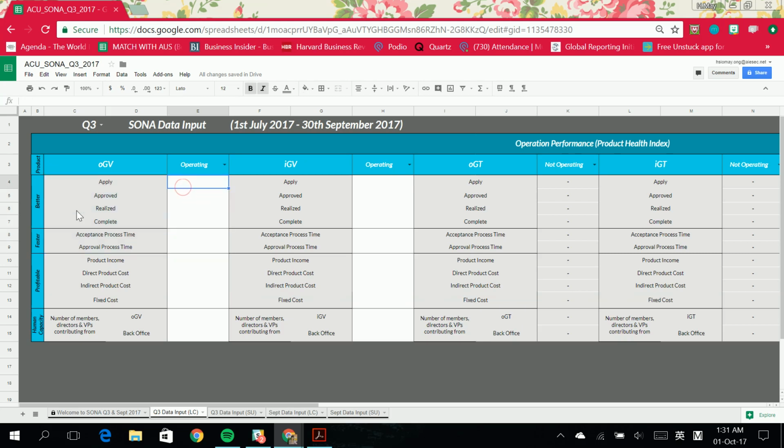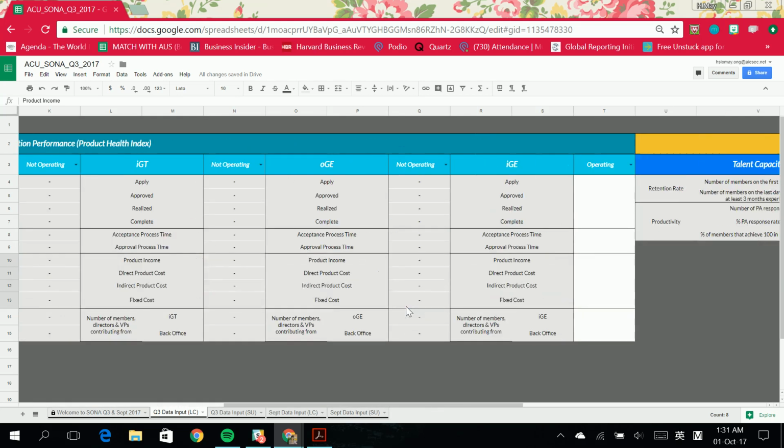Apply, approve, realize, complete, acceptance process time, approval process time, and the number of members in oGV and back offices can be filled in by VP oGV. Product income, direct product cost, indirect product cost, and fixed cost can only be filled in by your VPFL. Same goes to this one, filled in by your VPFL.